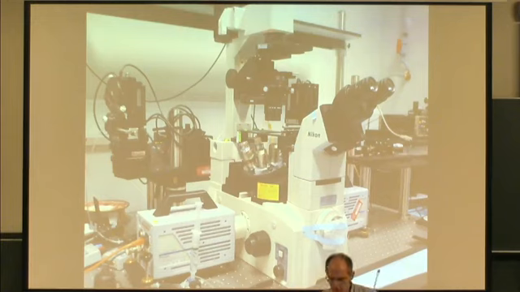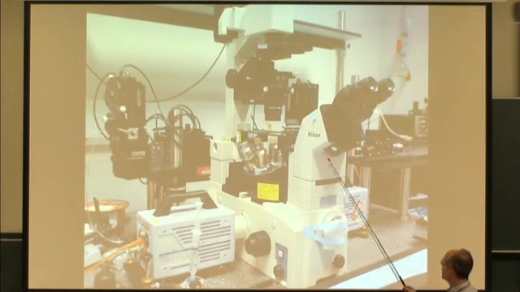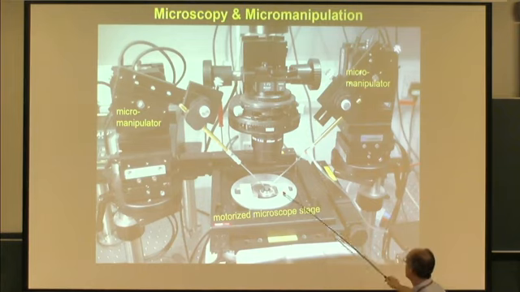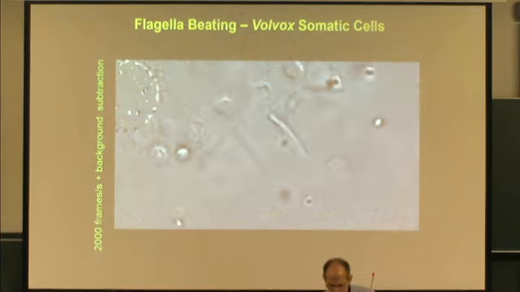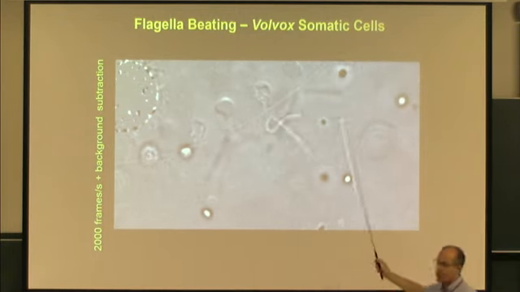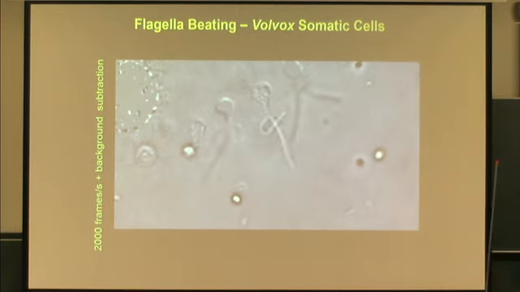Okay, so again, the technology we're going to use for that kind of investigation involves high-speed cameras, inverted microscopes, and micropipettes held on micron-accurate micromanipulators. When you use that kind of technology, you can see, for instance, the beautiful beating of the flagella on one of these surface somatic cells.